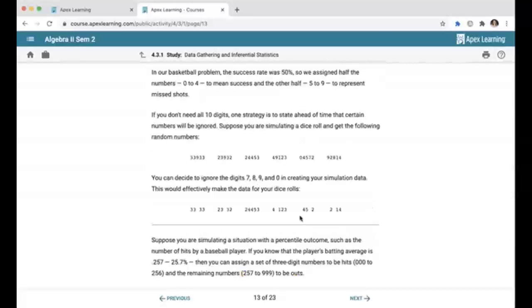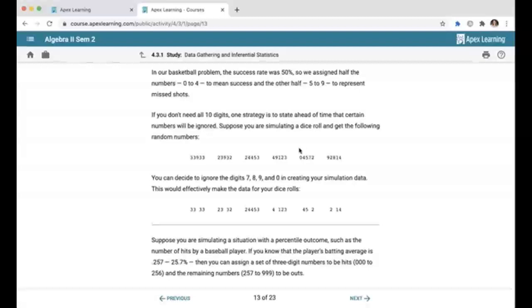So we can decide to ignore values if we are using a random number generator or a random number table and we don't have the ability of shortening it. Of course, if we're looking at a dice and we want to assign each number to a side of the dice, we don't need numbers above 6, obviously, because there's only 6 sides to a dice. So we could just say, ignore any of these other numbers.